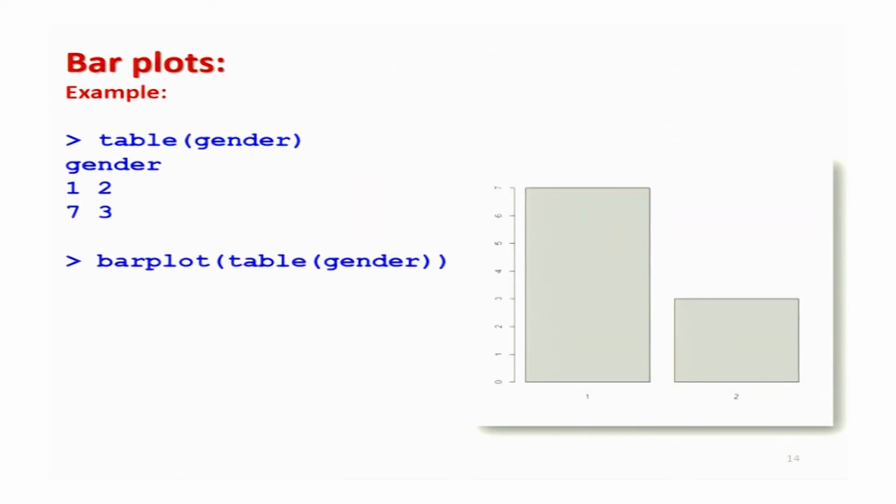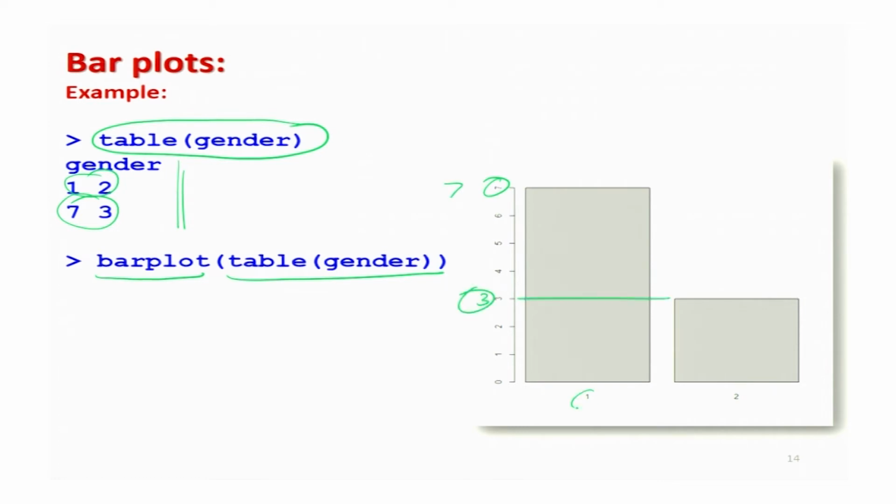Now if you operate the command table over gender, the gender data is like this: 2 categories, 1 and 2, and the values are 7 and 3. And now if you use the command barplot on table(gender), it will give you this. You can see exactly this is 7 and this is exactly 3.